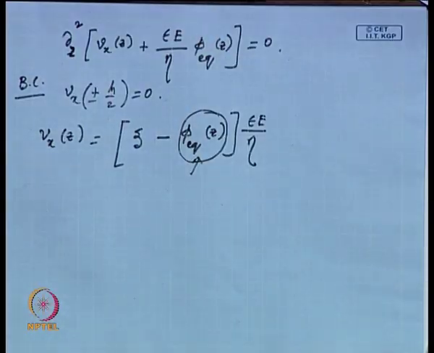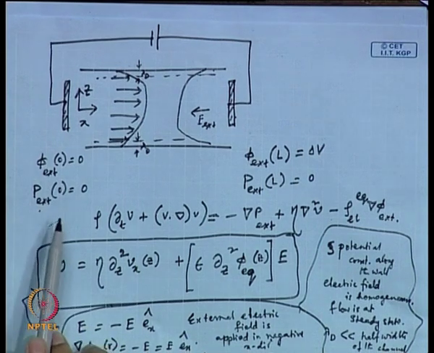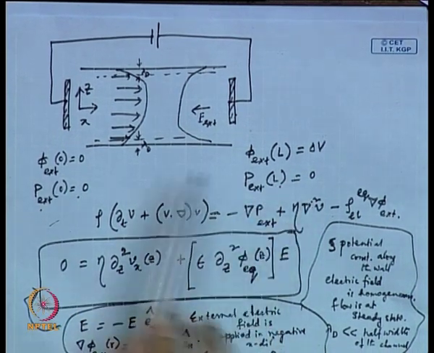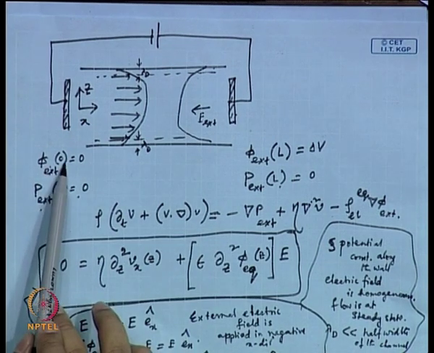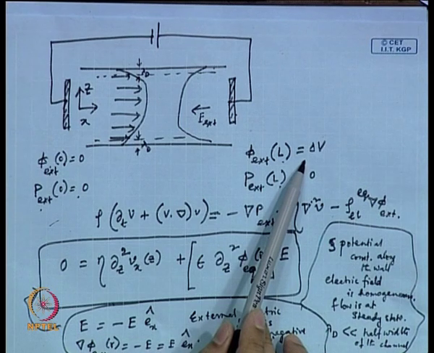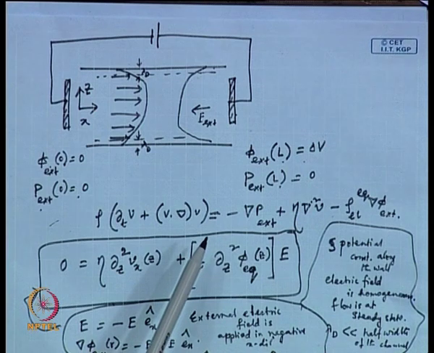Now, what we are doing is obtaining the velocity profile with the assumption that pressure at x equal to 0 and pressure at x equal to L are both 0. P external at x equal to 0 is 0, P external at x equal to L is 0, and phi external is 0 here and delta V here. All right. So, with these conditions, this is the first case we are solving.